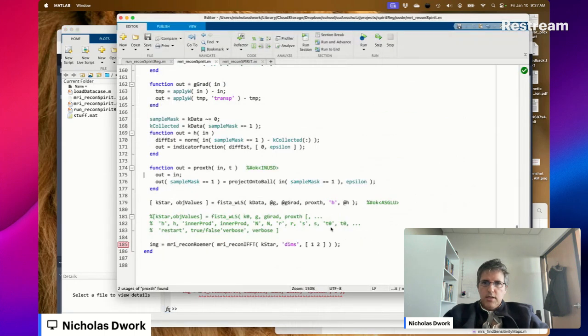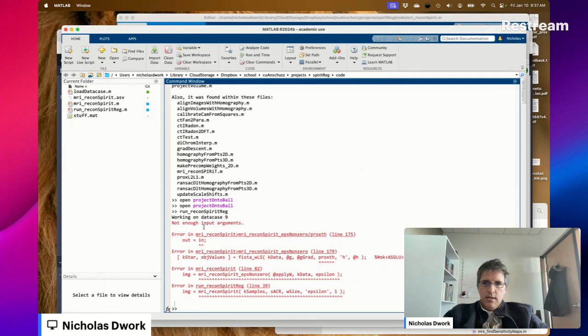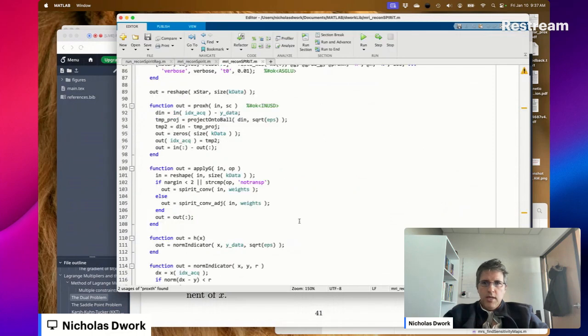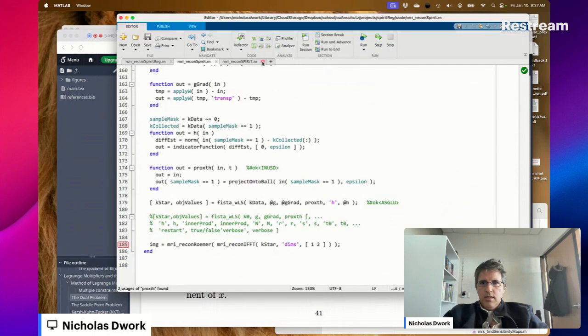Prox th out equals in. Why did that crash? Not enough input arguments? Prox th. Oh, this happens when you forget to put an at symbol when you call it.